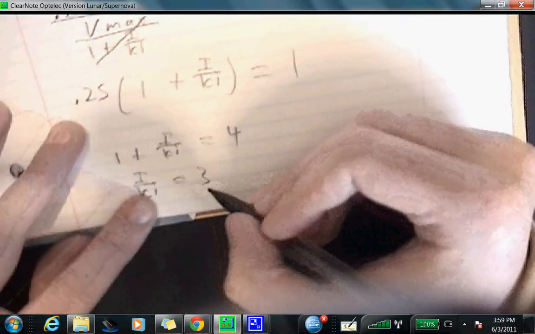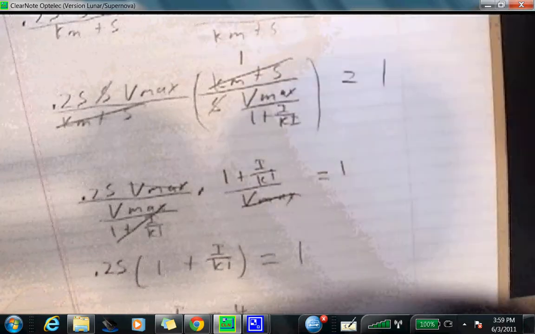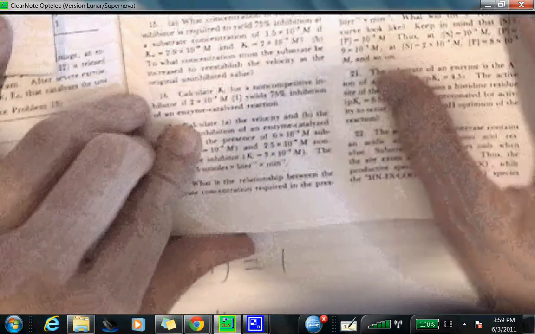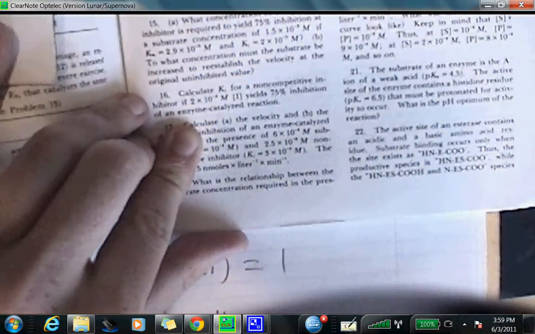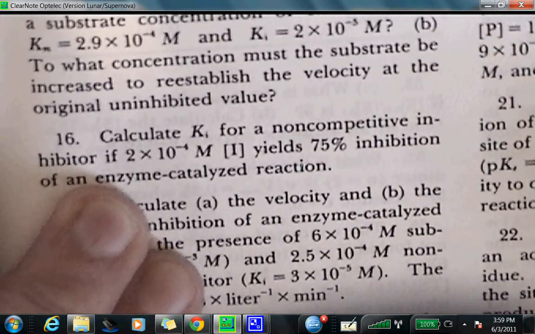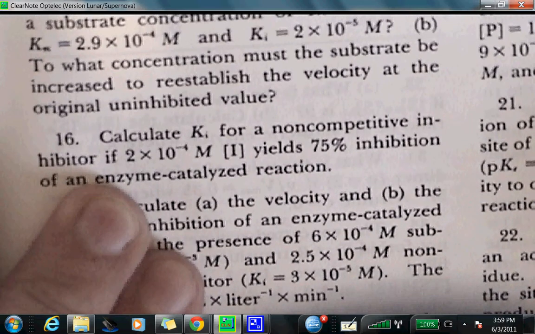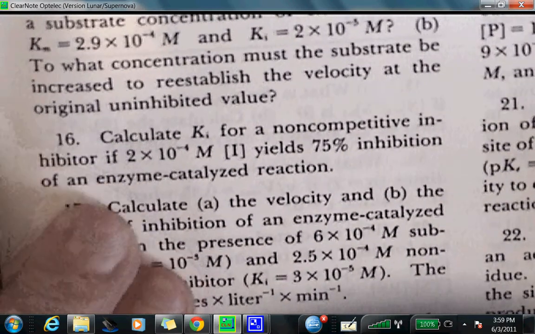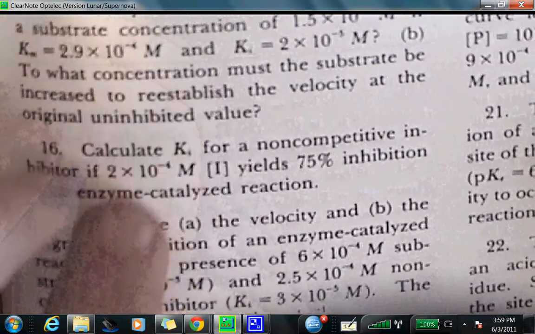And the question itself is this: Calculate Ki for a non-competitive inhibitor for 2 times 10 to the negative fourth I yields 75% inhibition of an enzyme catalyzed reaction.